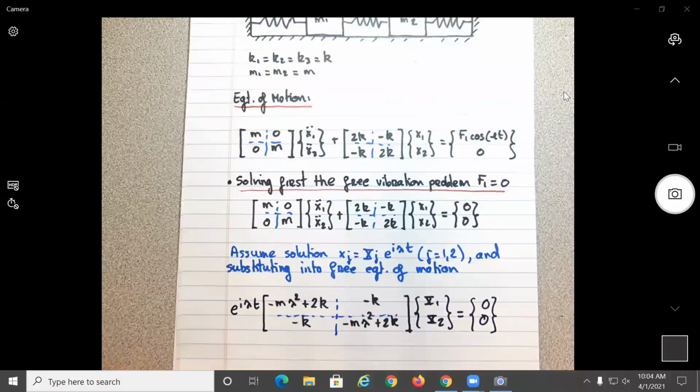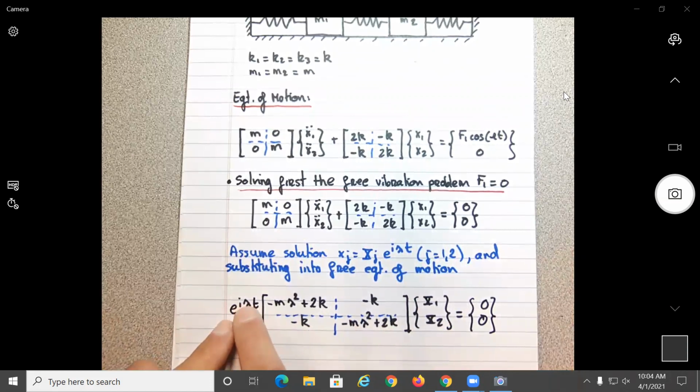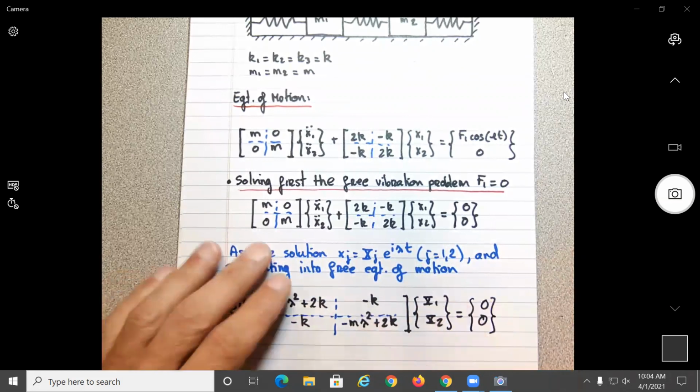Okay, so now what is the next step? This equation is satisfied if and only if, since this exponential is never 0, x1, x2 are equal to 0, which gives the trivial solution, or when the determinant of this is equal to 0. All right, always the same process.